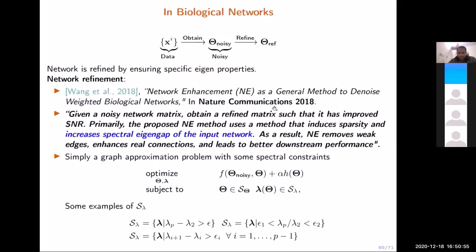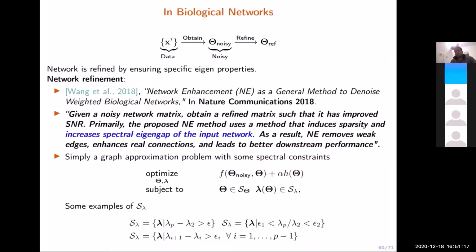What they concluded from their research is that to do network enhancement, you need to approximate the given network to another network such that the eigengap, or the spectral gap, for that network increases. A spectral gap is the distance between the smallest eigenvalue and the largest eigenvalue.